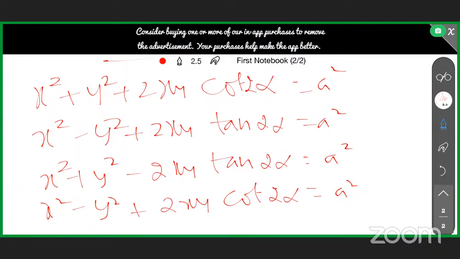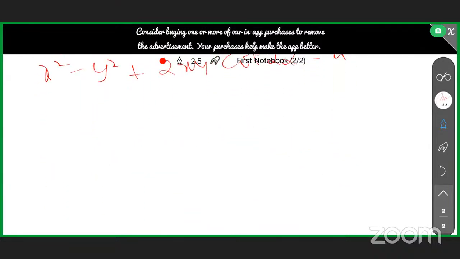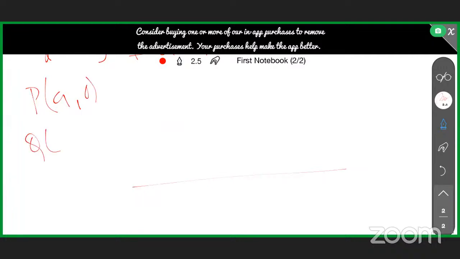Okay, if you don't know, we'll solve it here, no problem. First we'll construct a diagram. They gave point P as (a, 0), Q as (minus a, 0). I'll take a Cartesian coordinate system, the x, y plane. If you look carefully, points P and Q are on the x-axis because the y coordinate is 0.